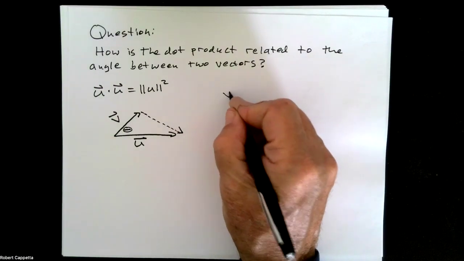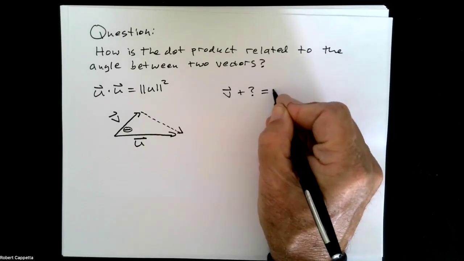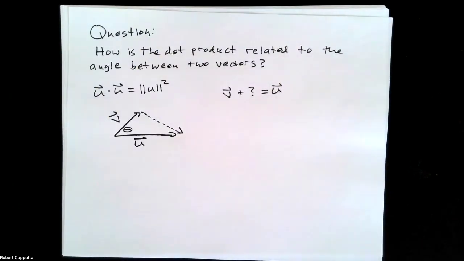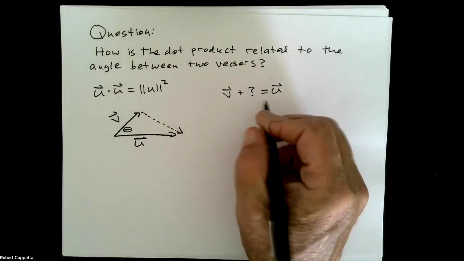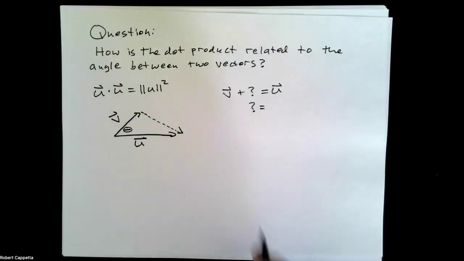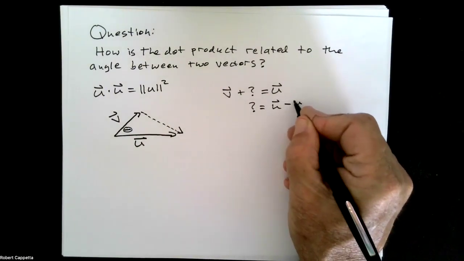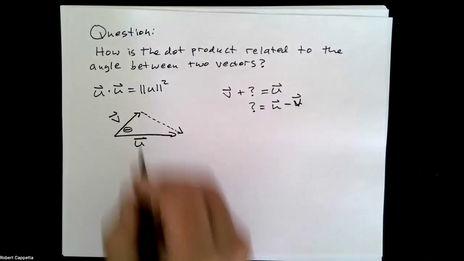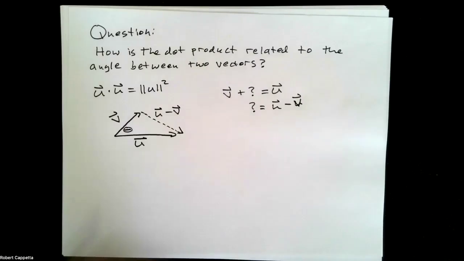And we're going to say vector v plus something equals vector u. Well, using basic rules of algebra, we can subtract vector v from both sides or add the opposite of v pointing that direction. If I add the opposite of v to both sides, I get the fact that that question mark, this third side of this triangle, is simply going to be vector u minus vector v.